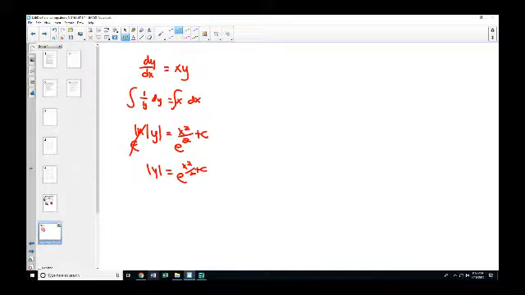Tomorrow we'll talk about getting rid of absolute value there. But we can't do that without a specific solution. Okay, this is not going to be how a multiple choice answer is formatted. So you have to use your exponent properties.